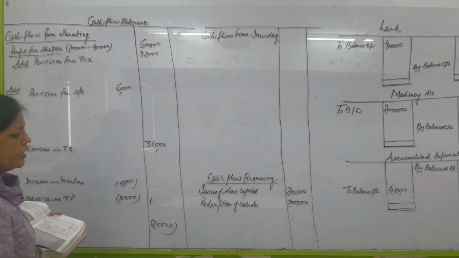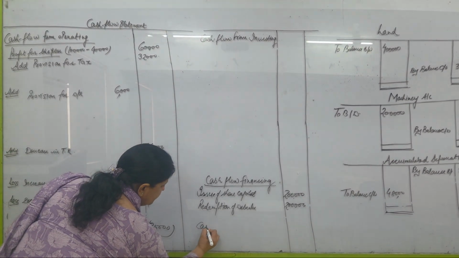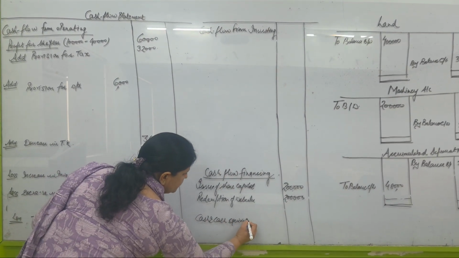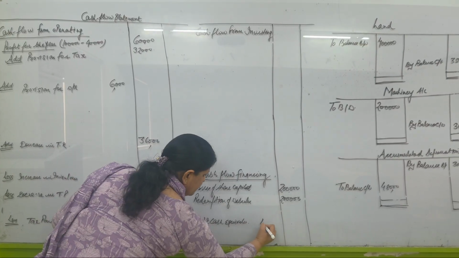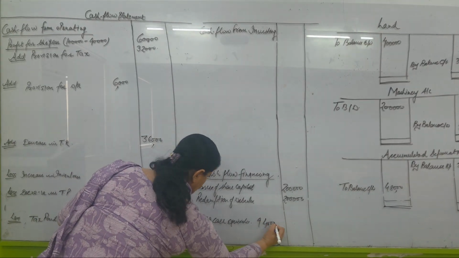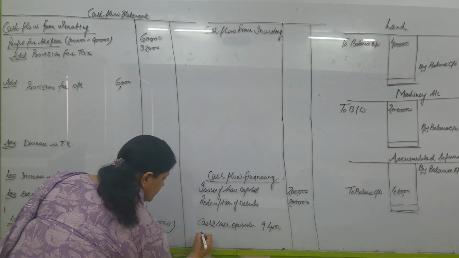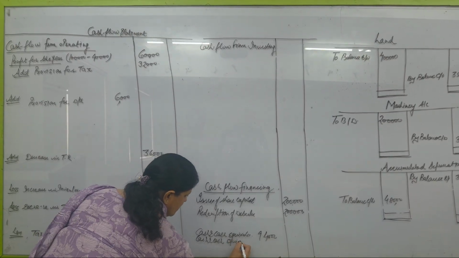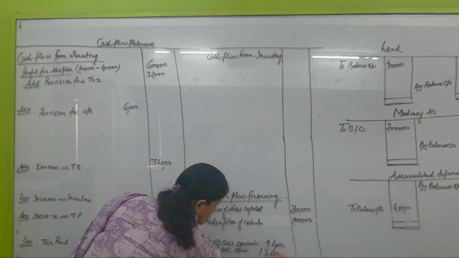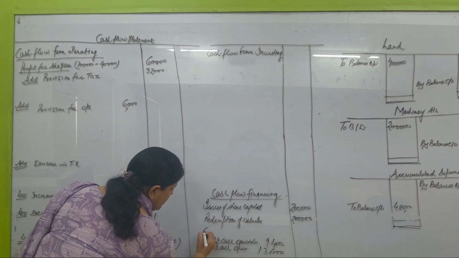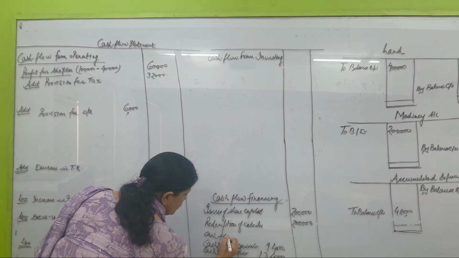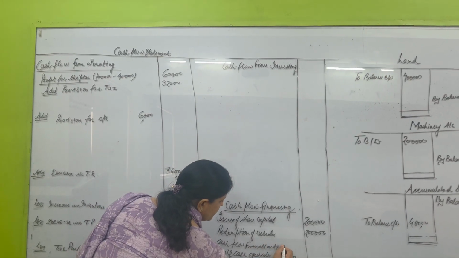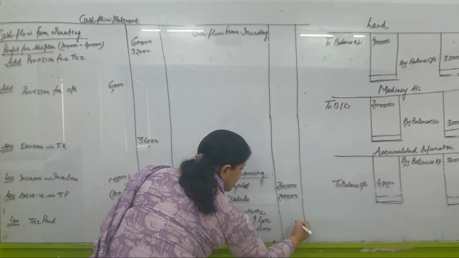The last point, cash and cash equivalent. Opening and closing. Closing minus opening. Cash flow from all activities, that is 42,000.